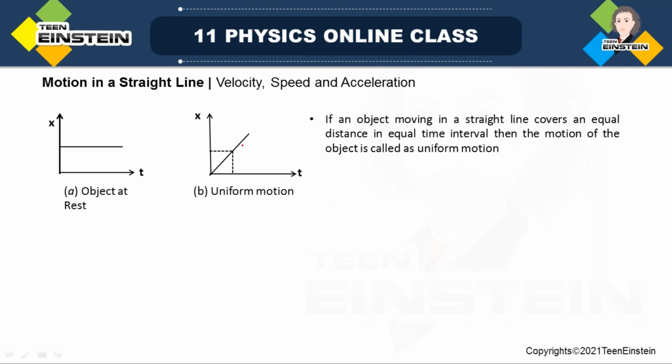So uniform motion will always be a line passing through the origin in the position time curve, and the slope, if you write this angle as theta, so this theta will be 45 degrees always. Okay, this is uniform motion. So tan theta will always be 1, the slope will be 1. Okay, all right.